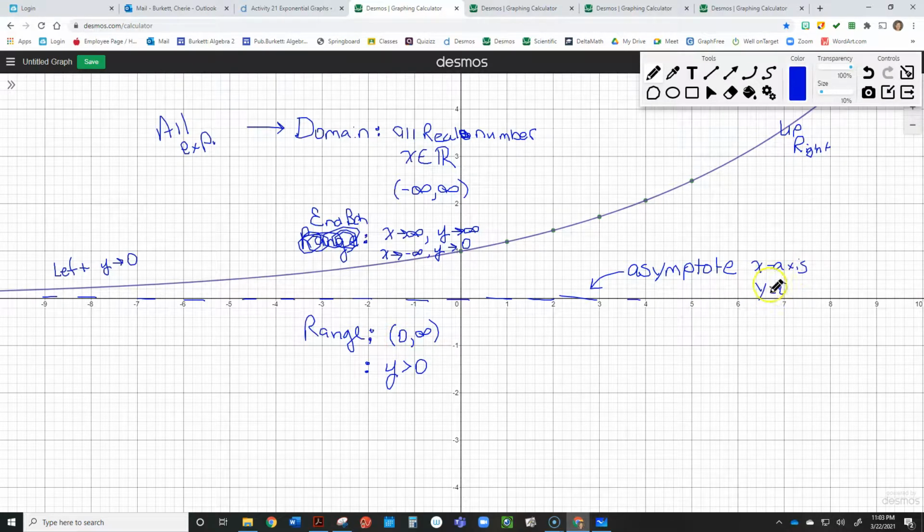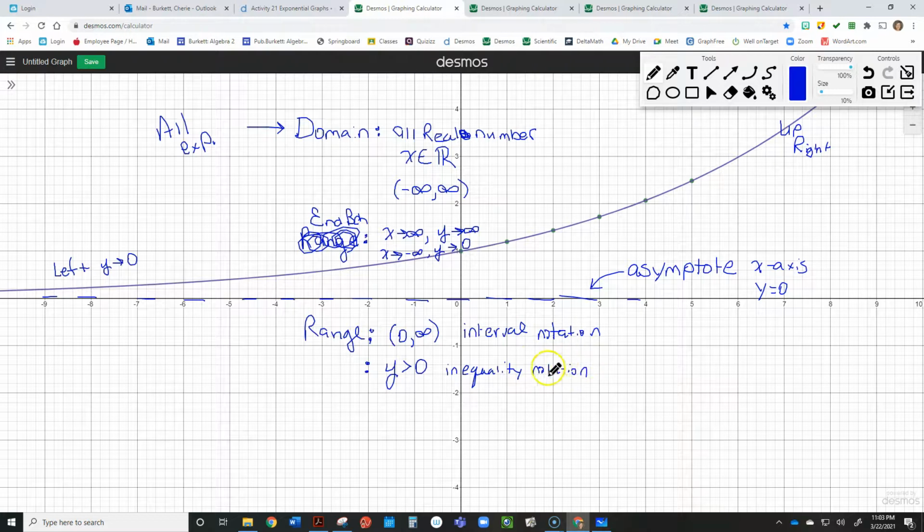So if it's the asymptote, it can't be included in the range. And it doesn't matter whether you write it using interval notation, or whether you use inequality notation.